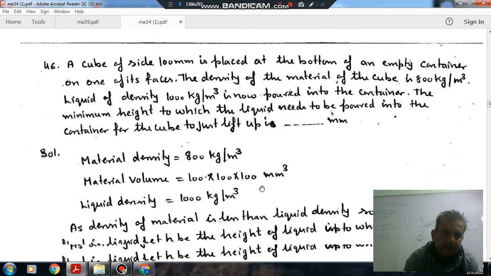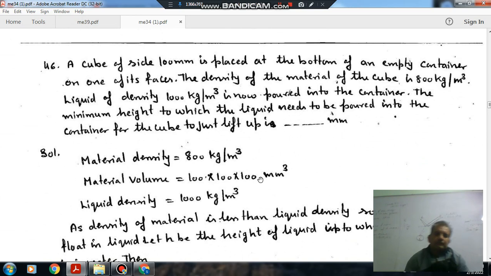Next, a cube of side 100 mm is placed at the bottom of an empty container on one of its faces. The density of the material of the cube is 800 kg per meter cube. Liquid of density 1000 kg per meter cube is now poured into the container.